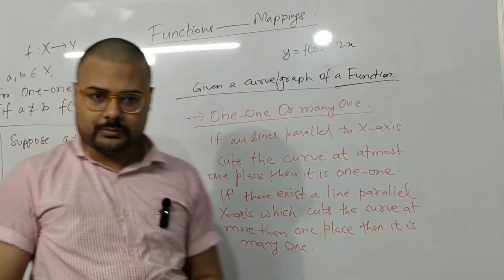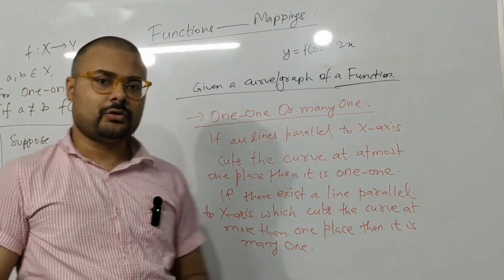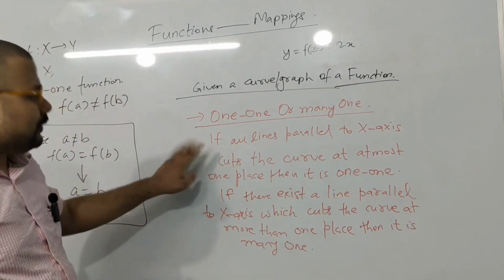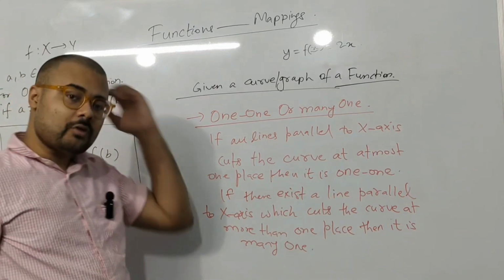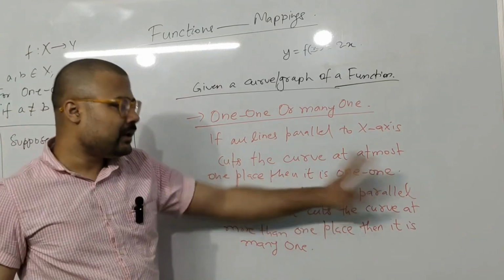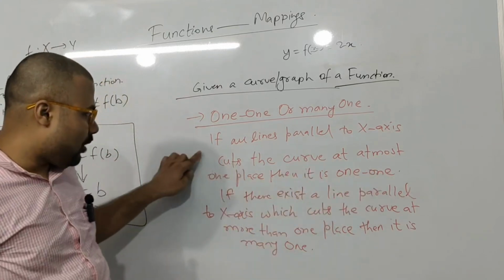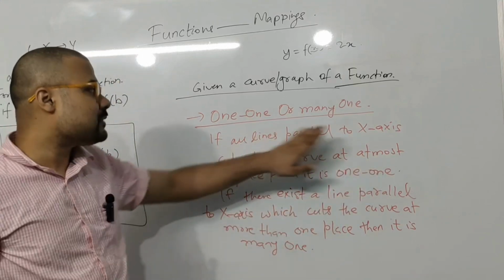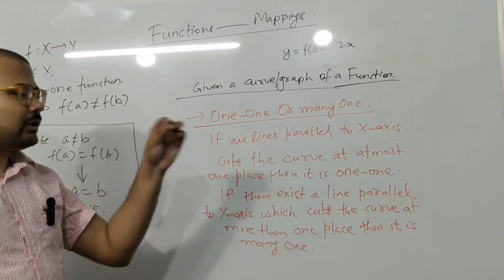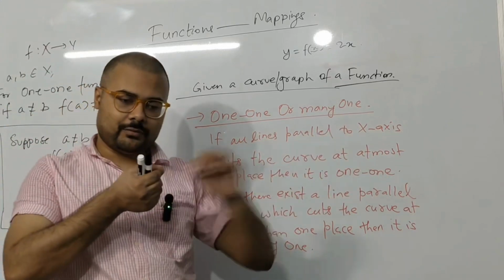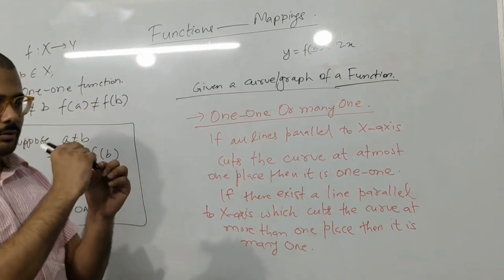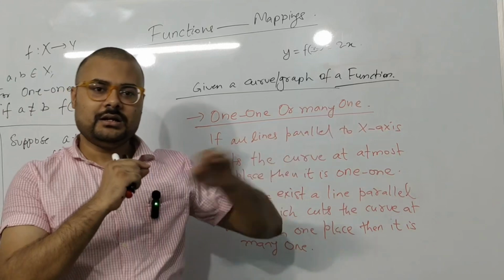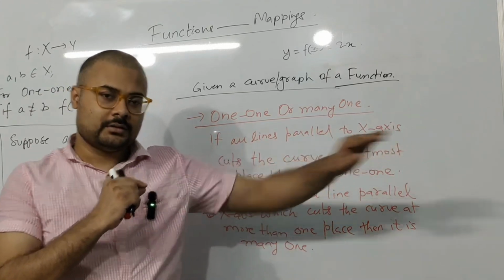Now, from the range and codomain perspective, how can you say if it's an onto or into function? If it is one-one and onto, it means that all lines parallel to the x-axis will cut at exactly one point. If you take any point in the codomain on the y-axis, then the line will cut the curve at exactly one point.